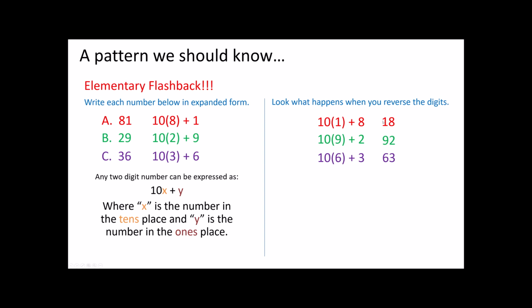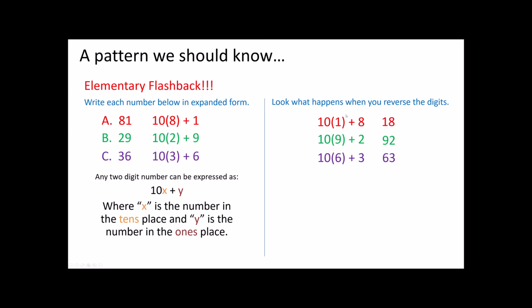Look at the numbers that are written here compared to the numbers that are written here. Notice the number that used to be an 81 is now an 18. The 29 has become a 92, and a 36 has become a 63.